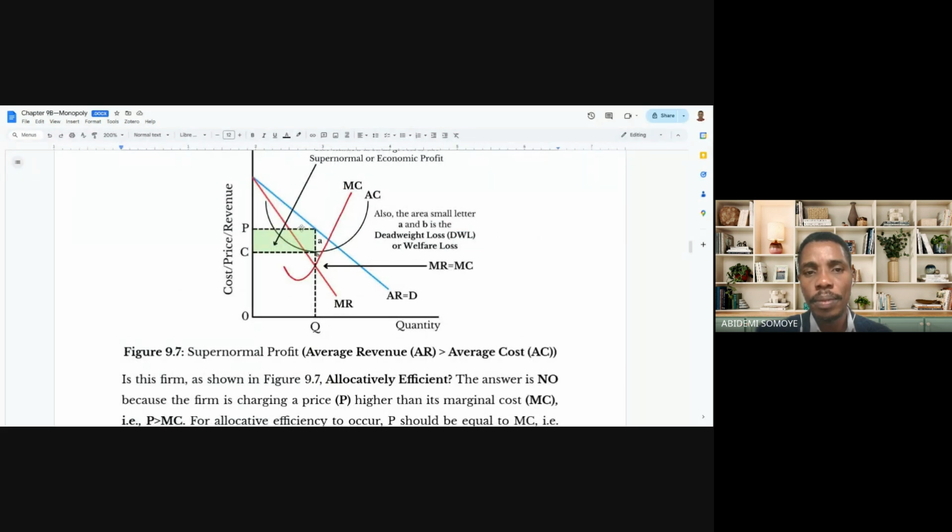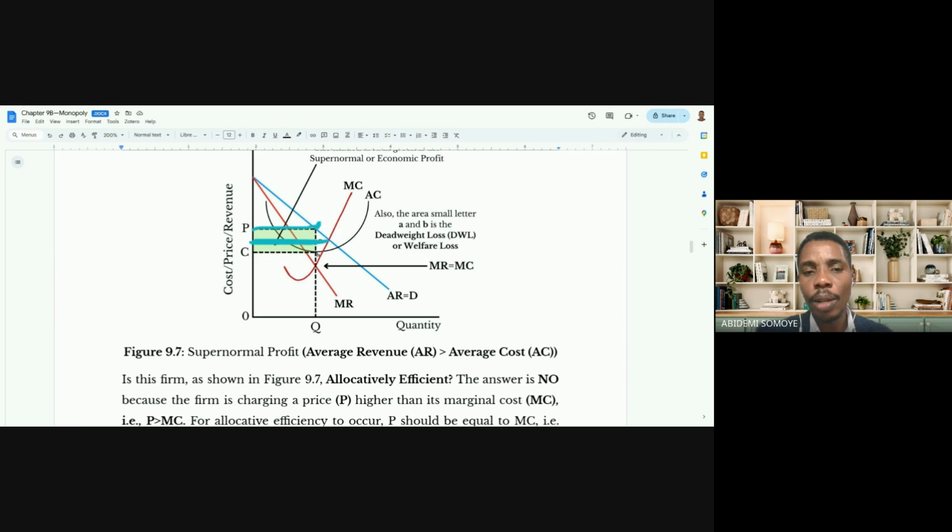Okay, this point here is greater than this point here, so it means that that firm is charging above its marginal cost.